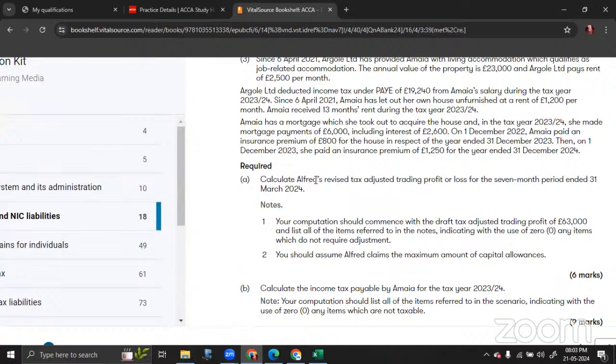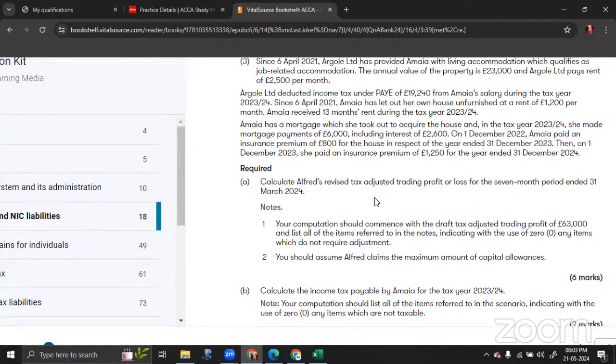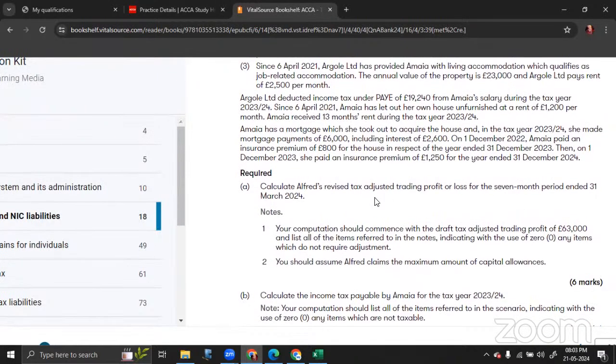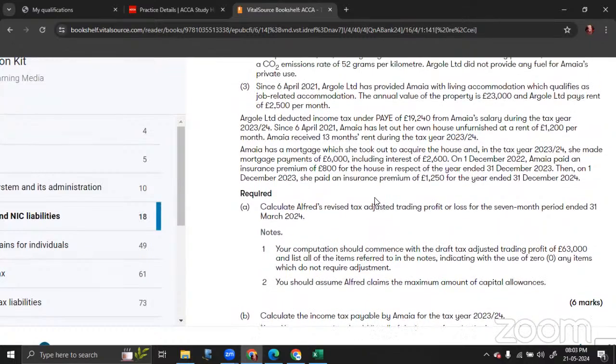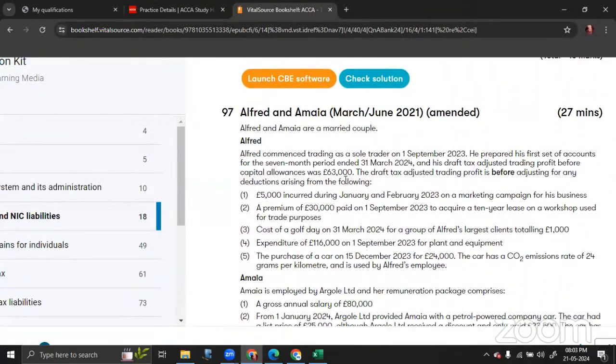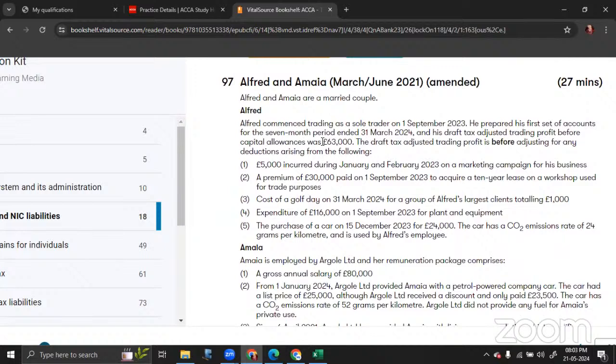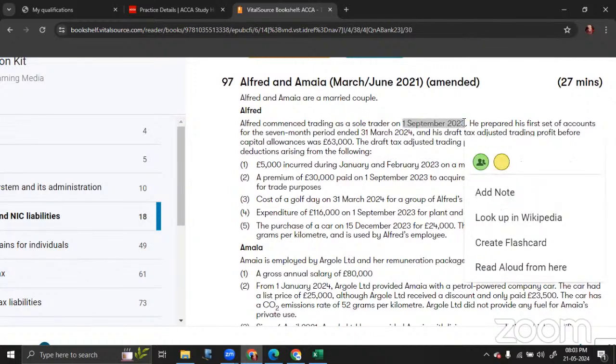Calculate Alfred's revised tax adjusted trading profit or loss for the 7-month period ended 31st March 2024. So they are asking for a tax adjusted trading profit computation. Alfred and Amaya are a married couple. Alfred commenced trading as a sole trader on 1st September 2023, which is our 23-24 tax year.